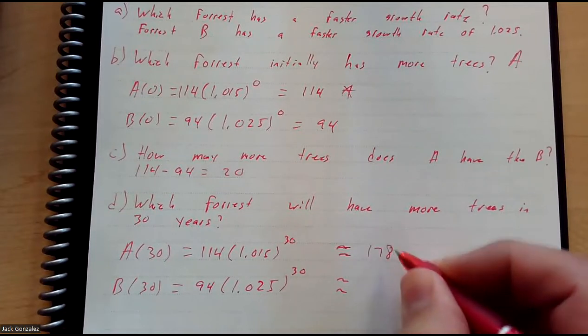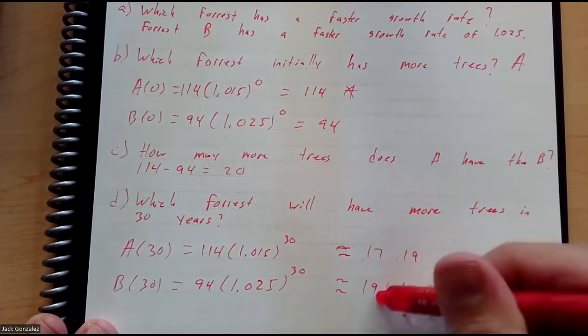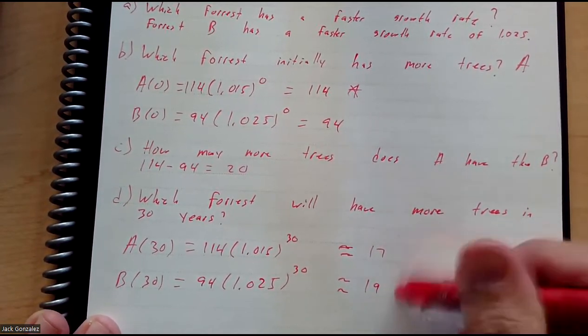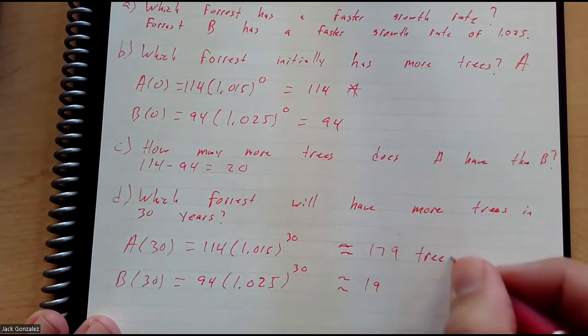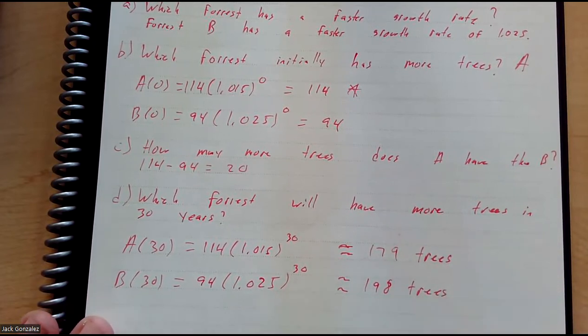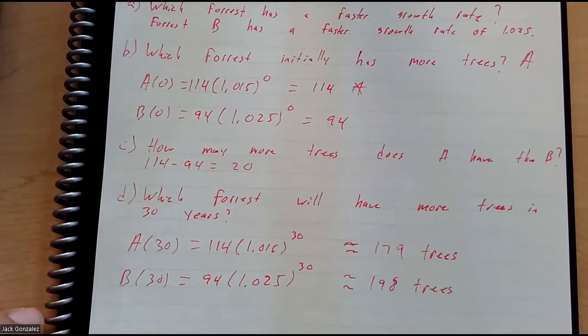So that's 178.19 and 197.17. We should probably round to the nearest tree, so let's say the first one is 179 trees and this is 198 trees. So you can see that in 30 years, B has already surpassed A, and it'll continue to be ahead.